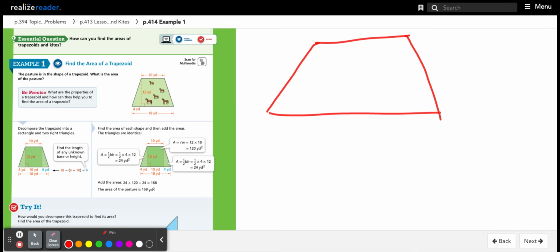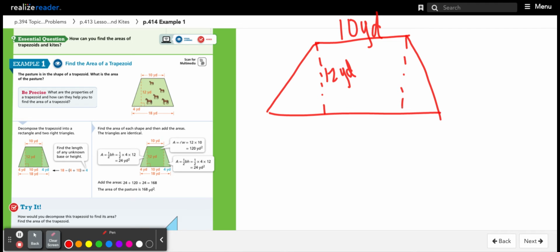Of course, my trapezoid picture is not perfect, but it's just a sketch. So the top is 10 yards. The height is 12 yards. So if the height on the left is 12 yards, that means the height on the right is 12 yards.